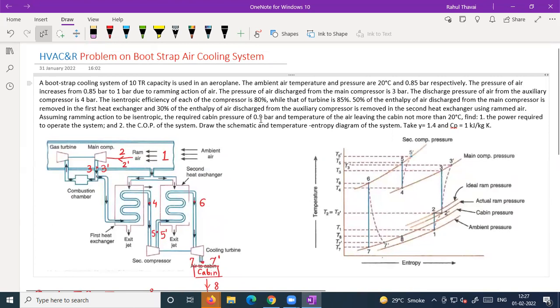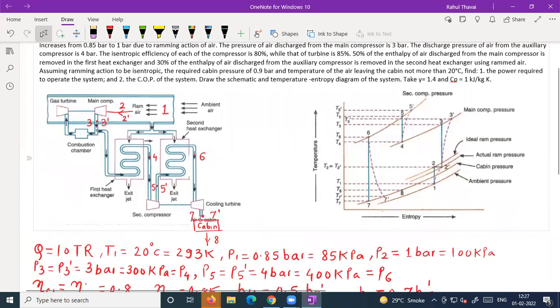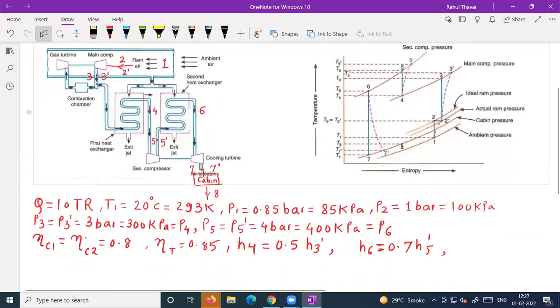The required cabin pressure is 0.9 bar. So what do you understand by cabin pressure? Cabin pressure is nothing but P7 or P7 dash or P8. You will supply the air to the cabin when it comes out of the turbine.